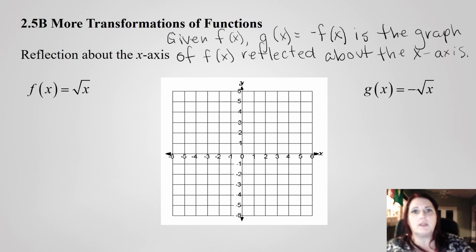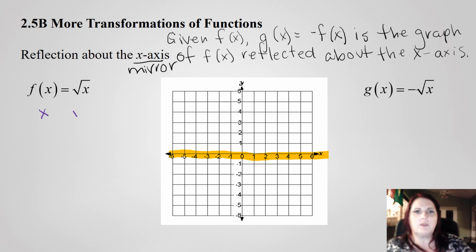What that means is that this x-axis is going to become the mirror. That's what we're going to reflect about. So let's give ourselves some points for f of x. Our function is going to be the square root function.